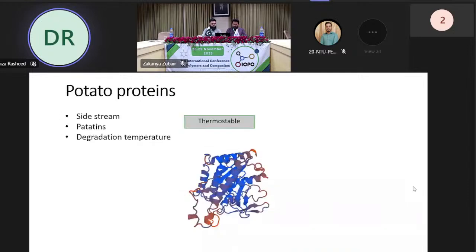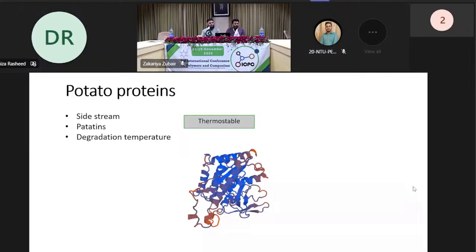Next were the potato proteins. Potatoes are grown globally, and mainly starch is isolated from them, and during the starch extraction, the proteins of the potatoes are degraded.